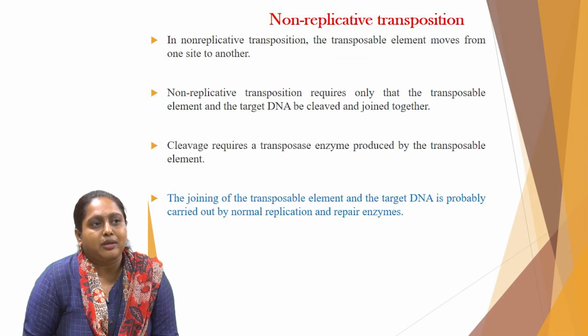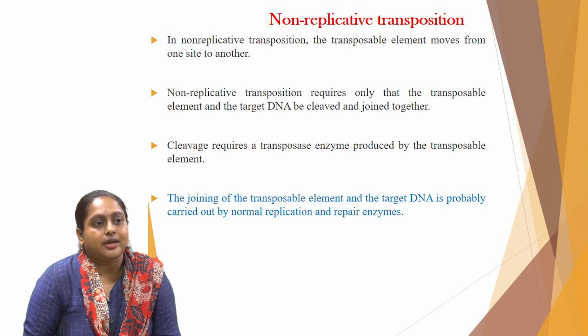Next, what do we mean by non-replicative transposition? The transposable elements move from one site to another site. It is an example of cut and paste within the genomic sequences. Non-replicative transposition requires only that the transposable element and the target DNA be cleaved and joined together.